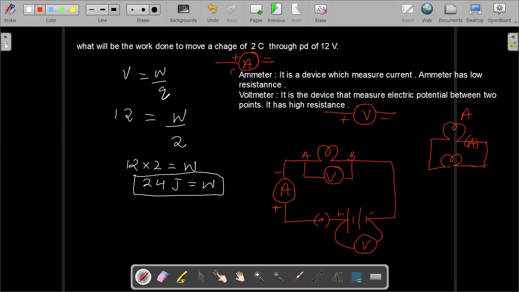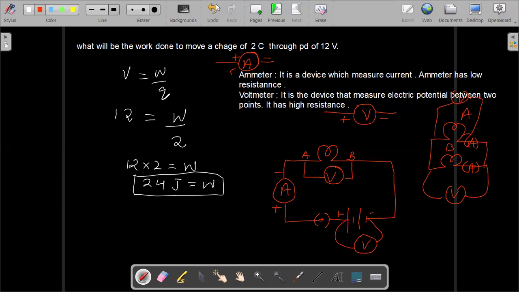If I want to measure the current through the second bulb B, I'll connect my ammeter here in the second branch. If I want to measure the potential difference across A, I will connect my voltmeter like this across A. If I want the potential difference across B, I'll connect the voltmeter like this. Got this? How to connect the ammeter and voltmeter?